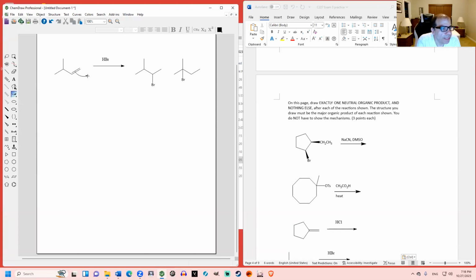So we'll go over that mechanism. And remember, problems like this don't ask you for the mechanism. It just says draw the product. So it even says you do not have to show the mechanisms.